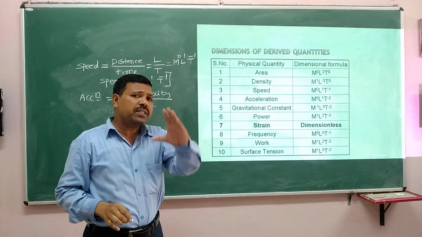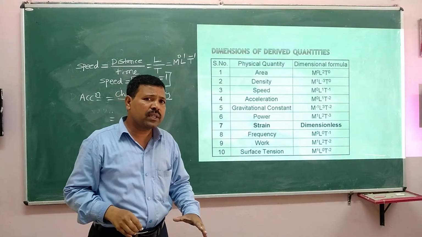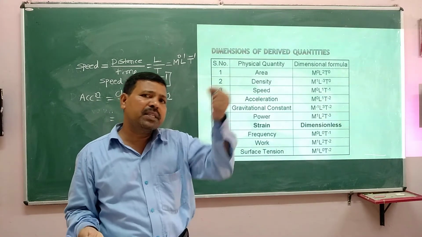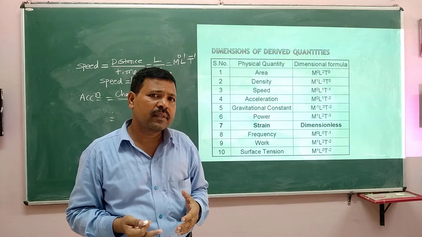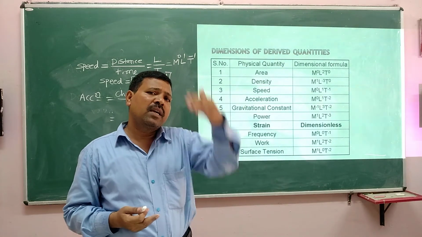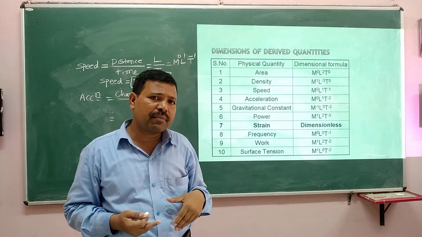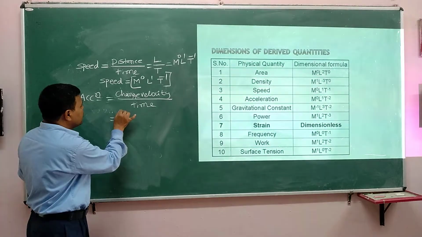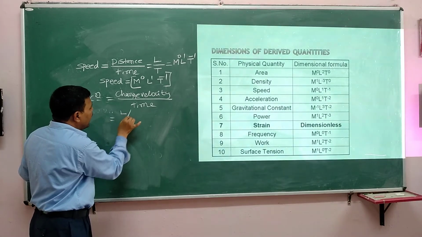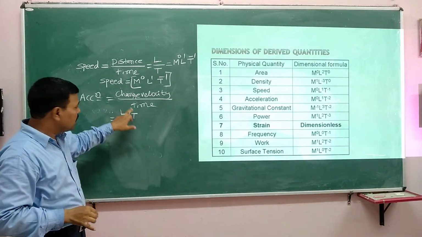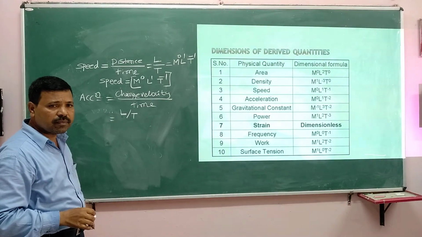Velocity. What is the dimensional formula of velocity? We know that the SI unit of velocity is meter per second. Meter is the SI unit of length and second is the SI unit of time. So we can write that the dimensional formula of velocity is L by T, L raised to 1, T raised to minus 1.